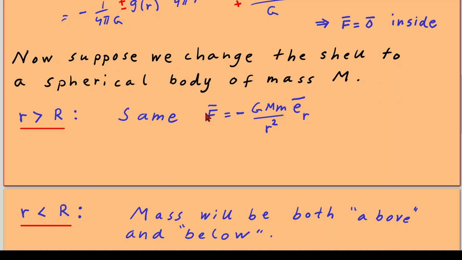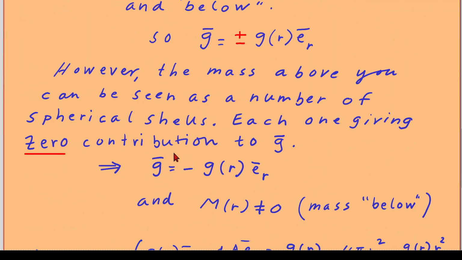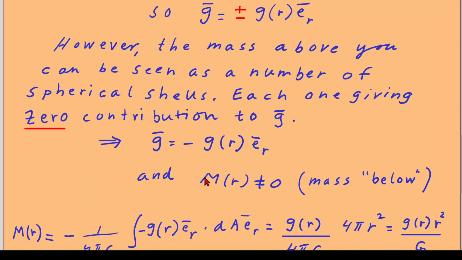So then we actually do know something: G must be equal to minus the field strength times the basis vector. And we also know that the mass inside that Gaussian surface is not zero, because it's a homogeneous body, so you have a mass inside that surface.